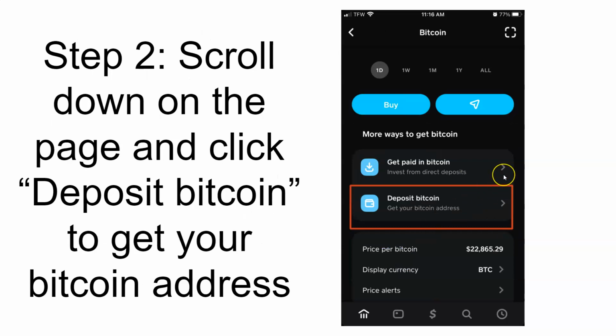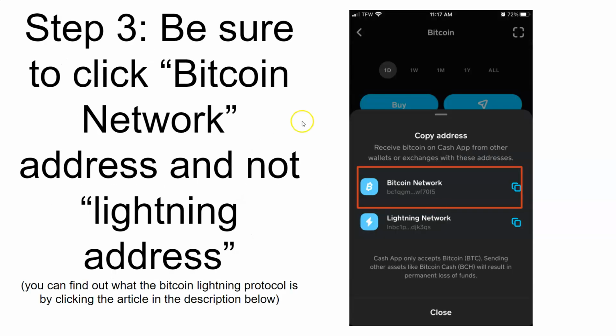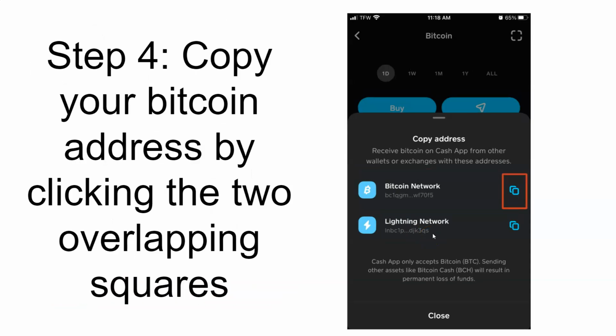Step 2 is to scroll down on the page and click the Deposit Bitcoin area to get your Bitcoin address. Step 3 is to be sure that you're clicking on the Bitcoin network address and not the Lightning address. They're two separate things, and you can find out exactly what the Bitcoin Lightning protocol is by clicking the article that I'll link in the description below this video.